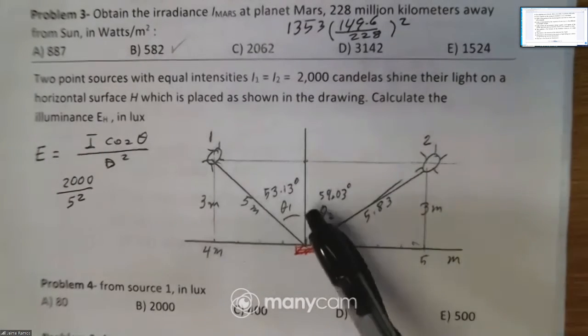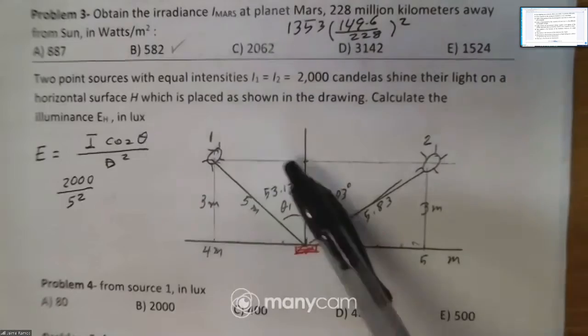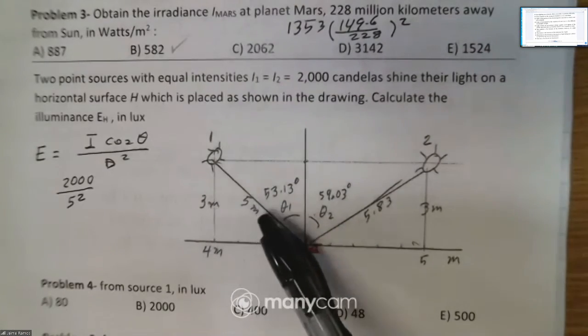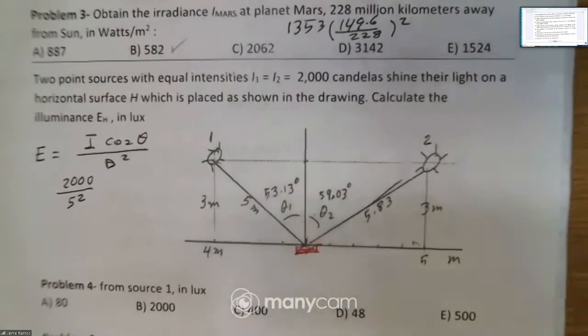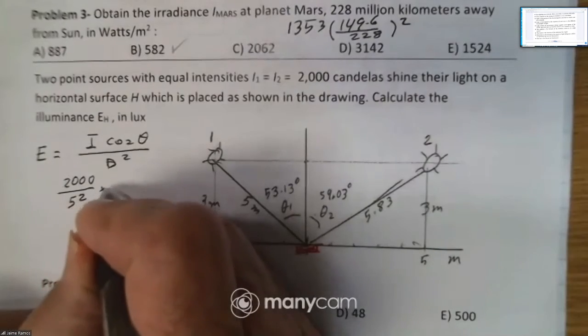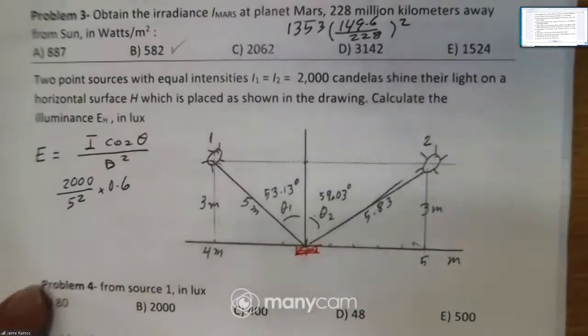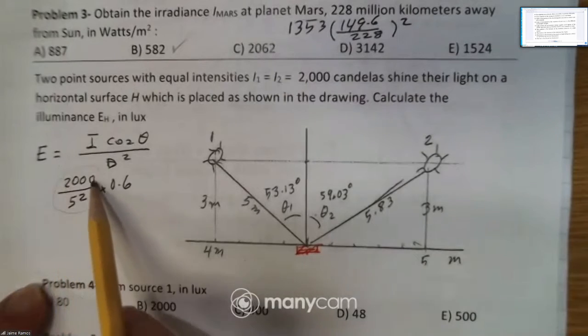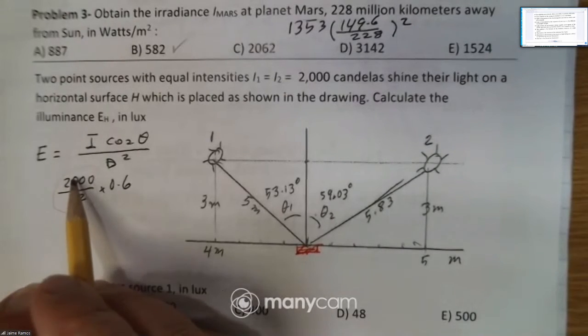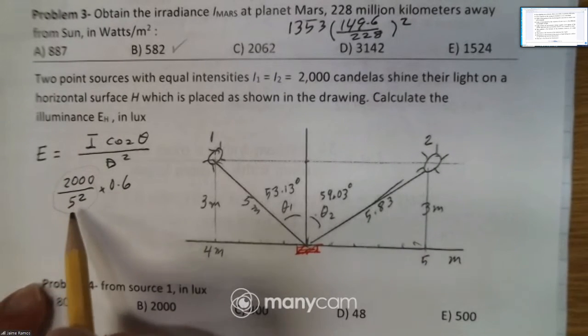Now we need to multiply by the cosine, which is 3 divided by 5, so times 0.6. Okay, so this number, we said, was equal to 2080.